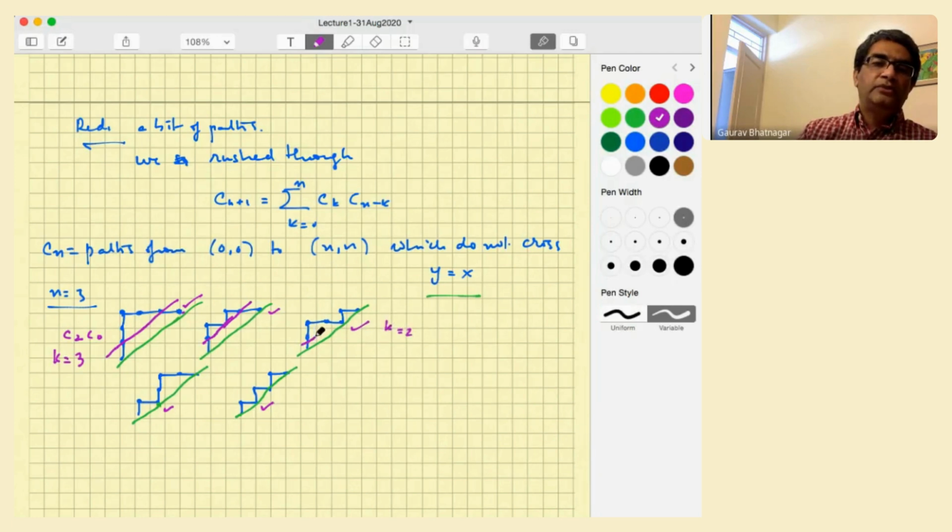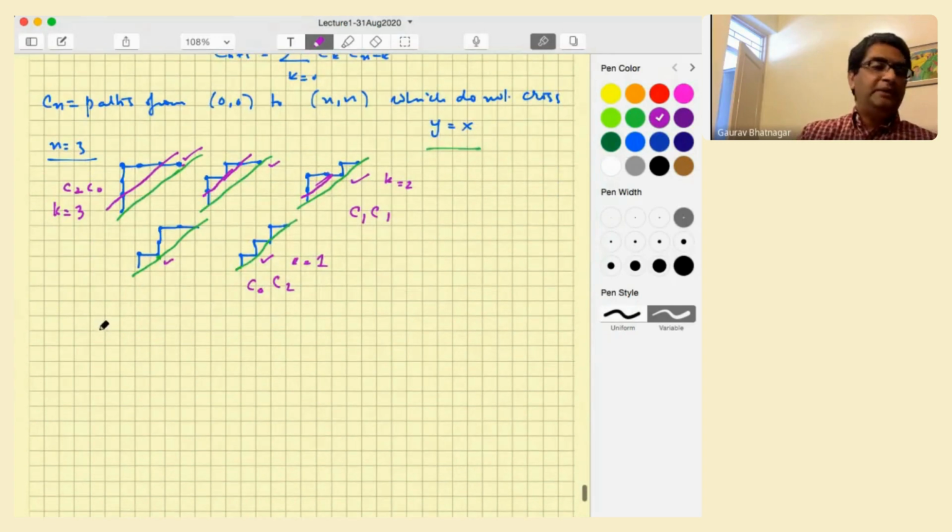This corresponds to this path, which is C1, and then this is C1 again, the number of paths here. And these guys touch at k equal to 1. So C0, there's only one path here, and then there are two paths over here times C2.